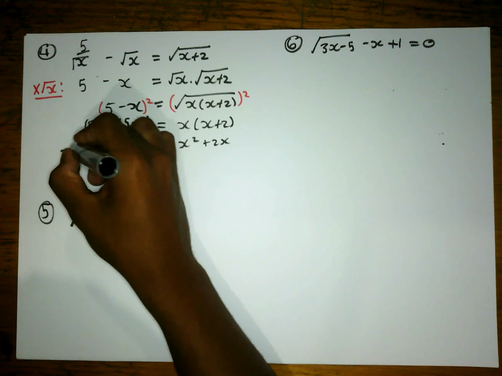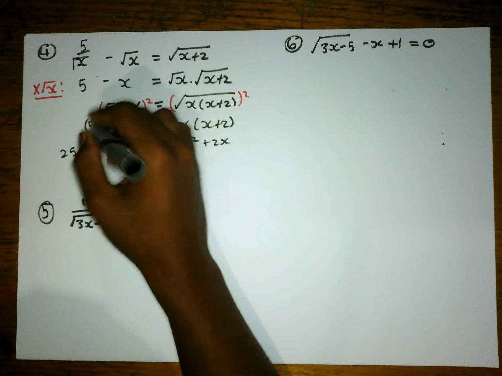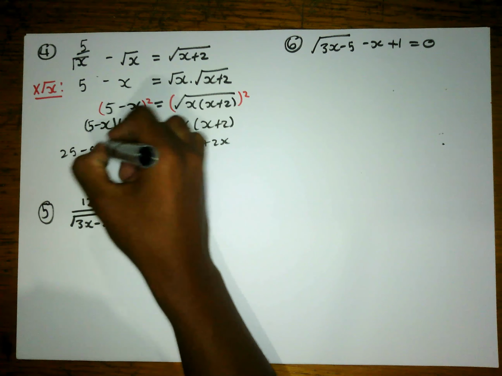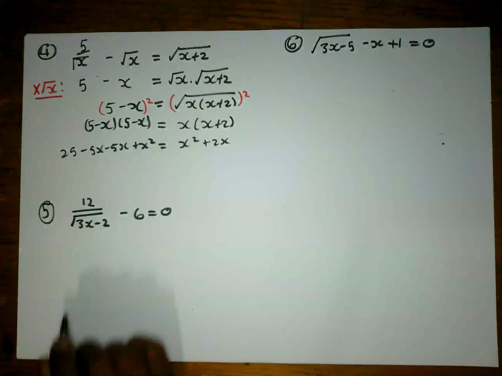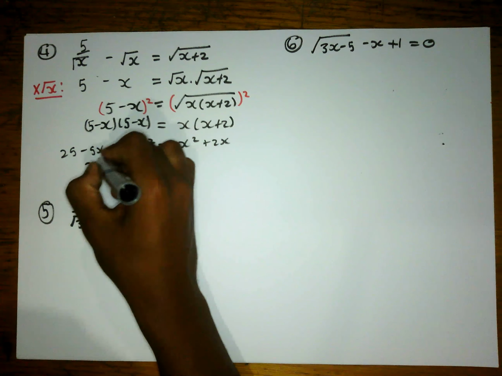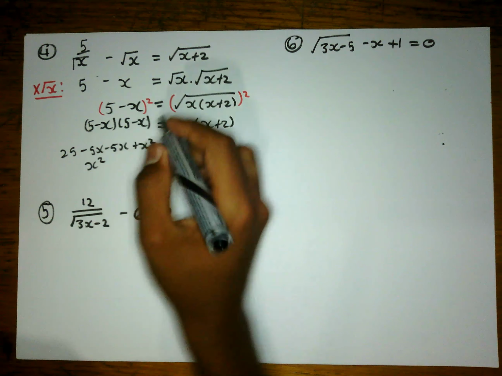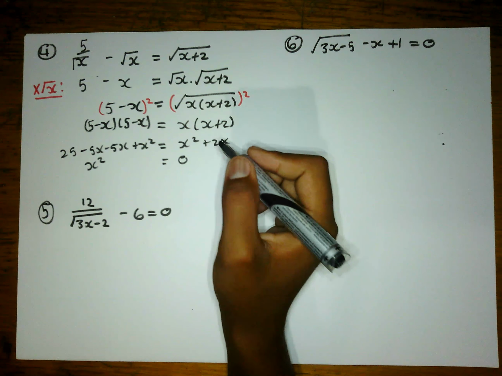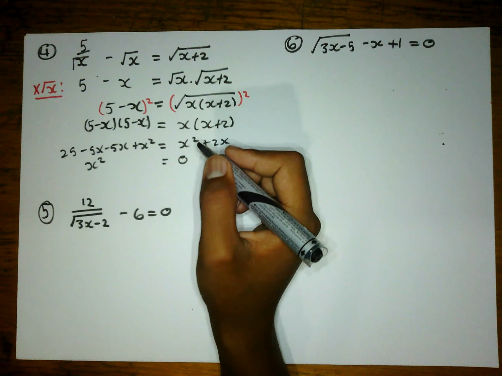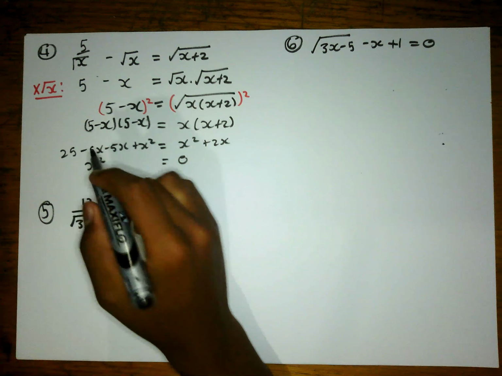Then 25 minus 5x minus 5x plus x squared. This will equal x squared. We put the 0 on one side because we're going to factorize now. Okay, let's do it like this.